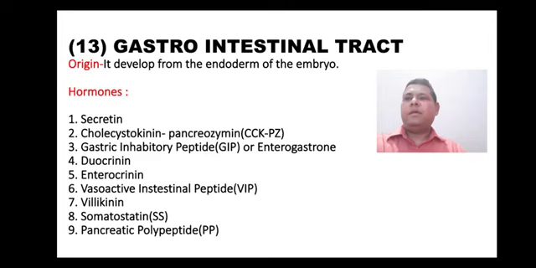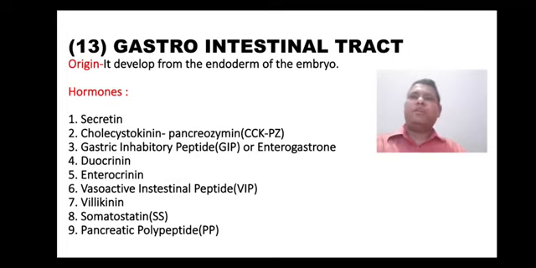Number 2, intestine. It secretes the following hormones, secretin. It is secreted by the intestinal mucosa of duodenum and jejunum. It acts on the exocrine parts of the pancreas and stimulates secretion of water and bicarbonate ions, etc.